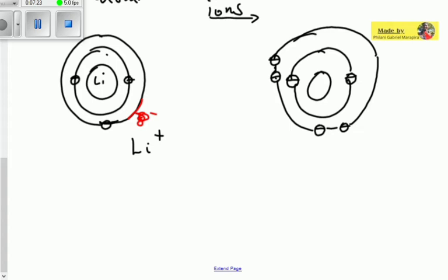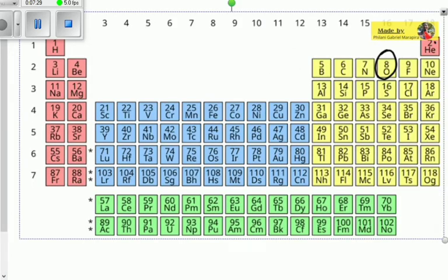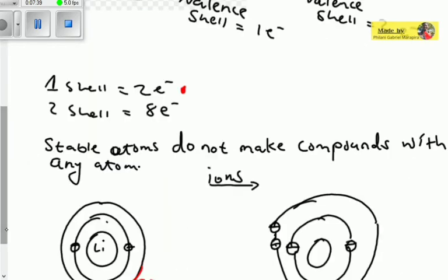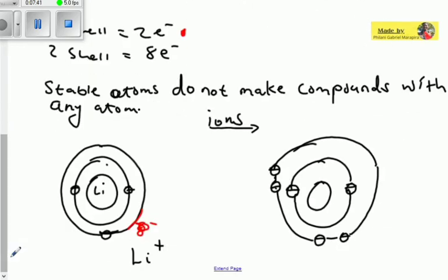Let's just check the number of electrons. Here, the mass is 16, and the atomic number is 8. Therefore, the number of electrons is 8. So this is the atomic structure for oxygen.